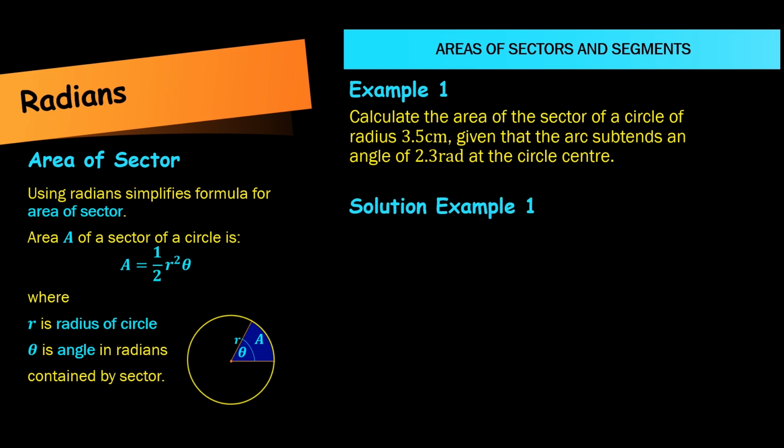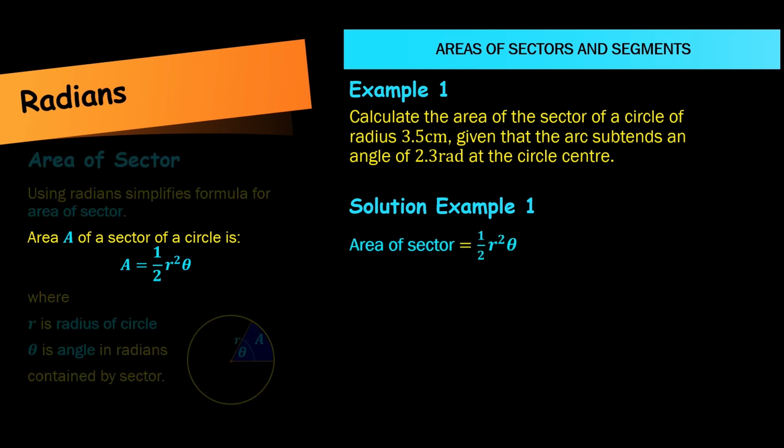We are required to calculate the area of the sector of a circle of radius 3.5 centimeters, given that the arc subtends an angle of 2.3 radians at the circle center. So let's solve this. From the formula, we have that the area of the sector is equal to a half r squared theta.